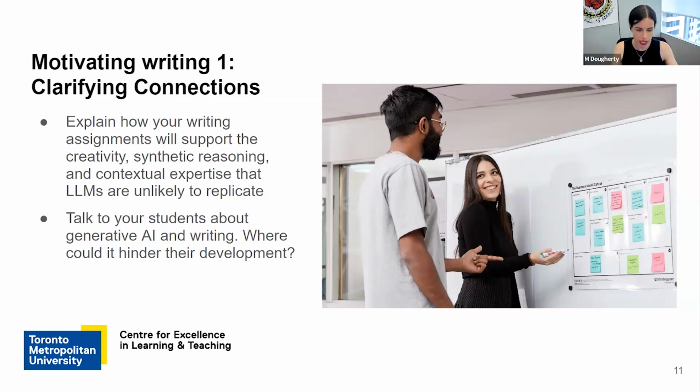These are all things that students will miss out on if they offload their writing to LLMs. And it can often matter in subtle ways where in the writing process they offload their thinking.